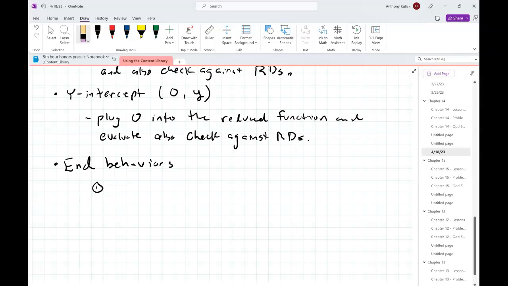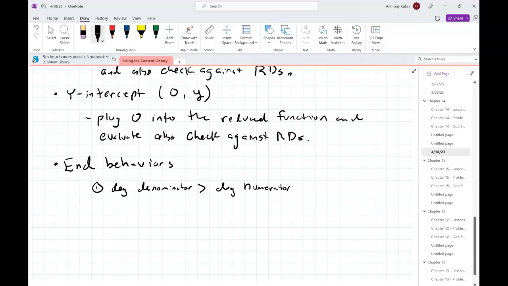I'm just gonna do them one at a time. So the first situation is where the degree of the denominator is greater than the degree of the numerator.